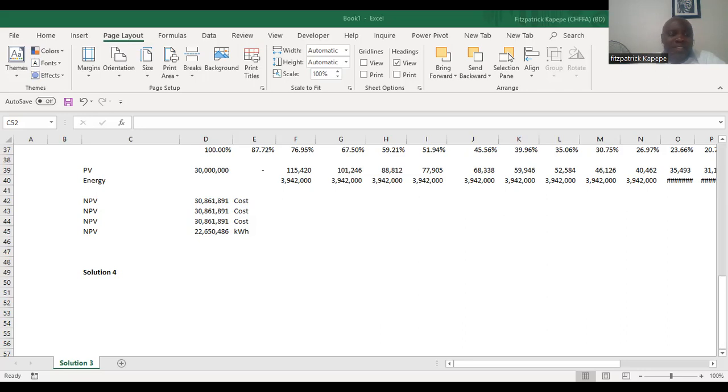A, the internal rate of return and NPV of a project based on the standard 10-year straight line depreciation. B, the IRR and NPV of a project based on the new rules for systems greater than 1 megawatt. Summarize your answers in a table showing the two depreciation approaches and explain why there's a difference. So let's start with the first one.